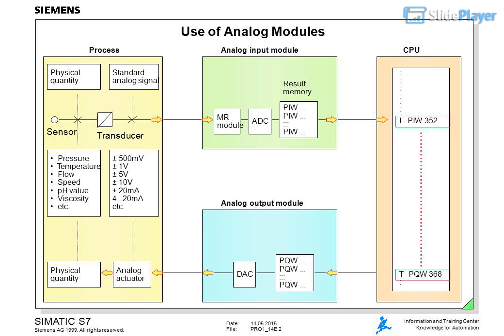There are a variety of physical quantities: pressure, temperature, speed, rotational speed, pH value, viscosity, etc., that need to be processed in the PLC for automation purposes.